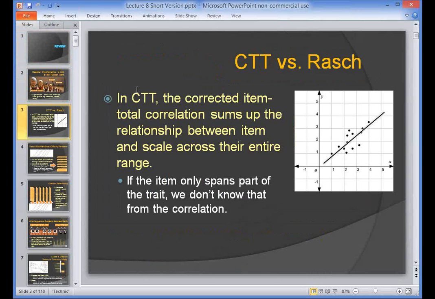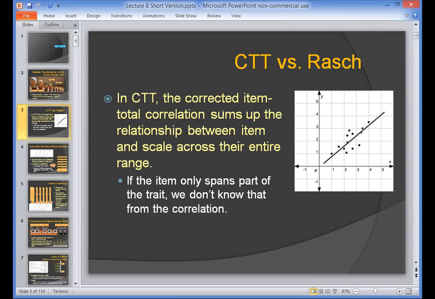So let's compare classical test theory to the Rasch analysis. In classical test theory, it is the corrected item total correlation that pretty much sums up the relationship between the item and the scale. Okay, everything that relates to the item and the scale is pretty much summed up in the corrected item total correlation. All right?